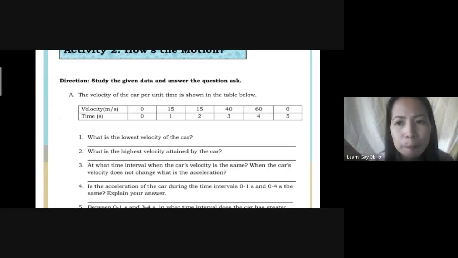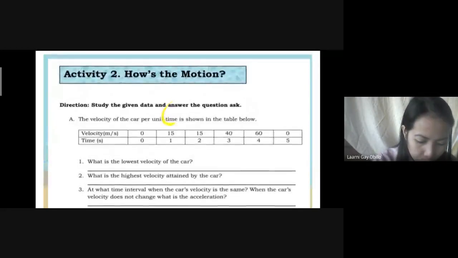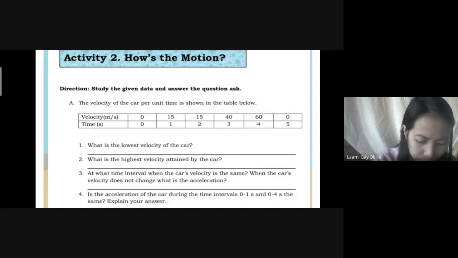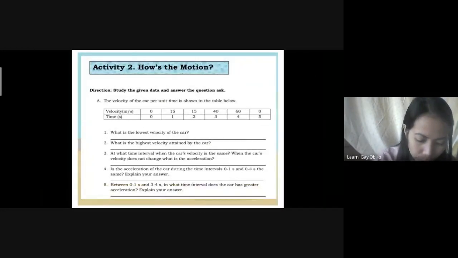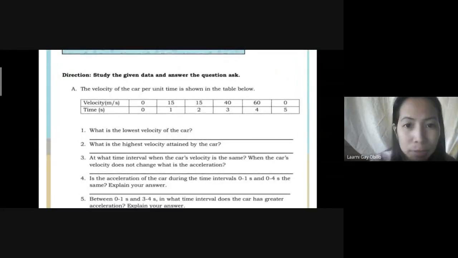Answer is also 15. Correct si John Mark. So, pareho ba yung acceleration sa 1 second and 4 seconds? Yes or no? Pareho silang 15 meters per second squared kapag kinompute natin yung kanilang acceleration. Okay, correct, Miguel.